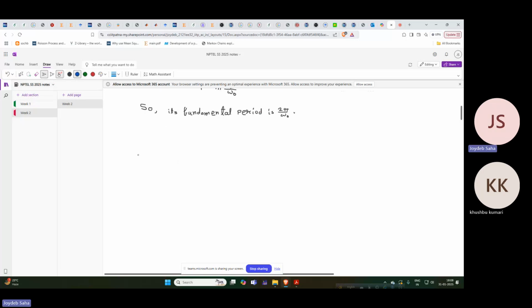Now we will go to question 2. Again, a signal is given, x(t) is equal to cos(omega 0 t plus theta).